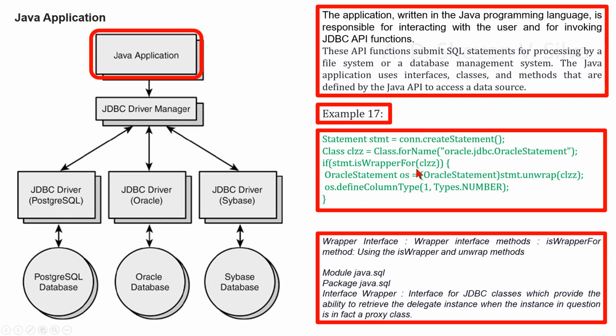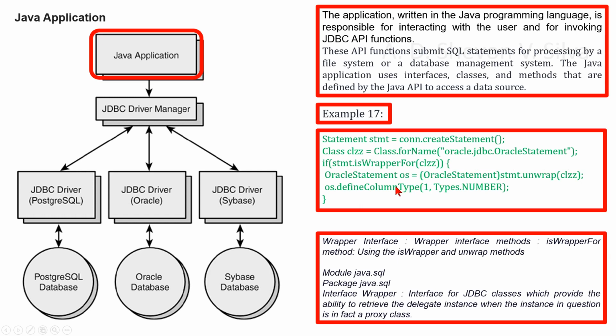If the object implements the specified interface, then the value of true is returned. If the instance is a wrapper, then the method isWrapperFor is recursively called on the wrapper object. If the instance does not implement the interface and is not a wrapper, a value of false is returned.